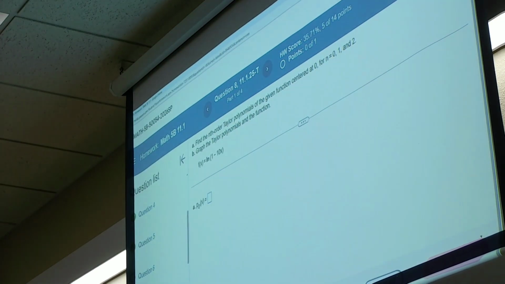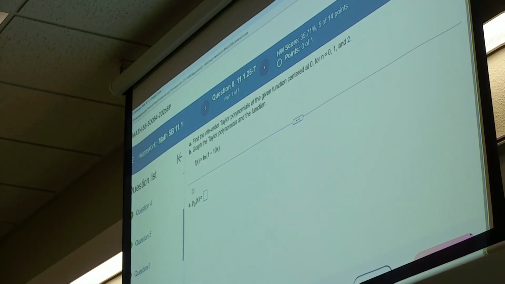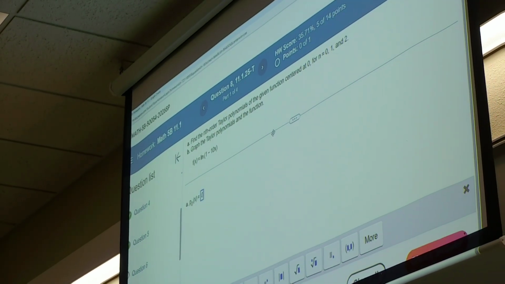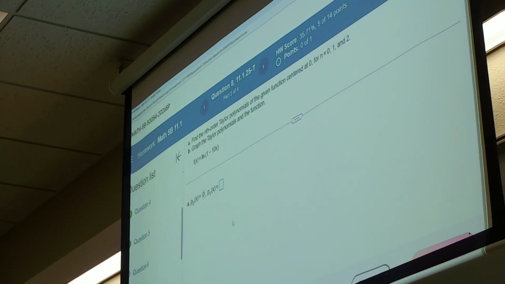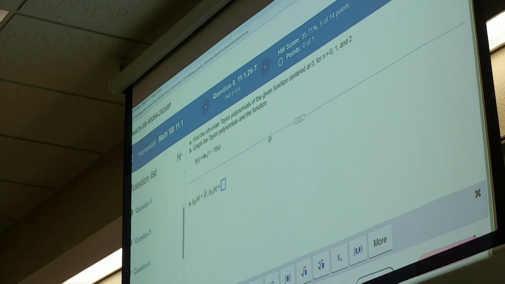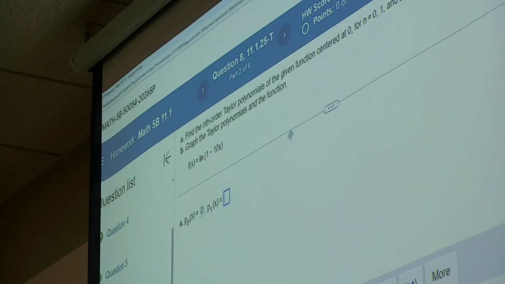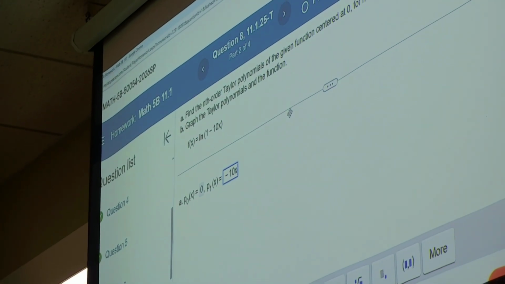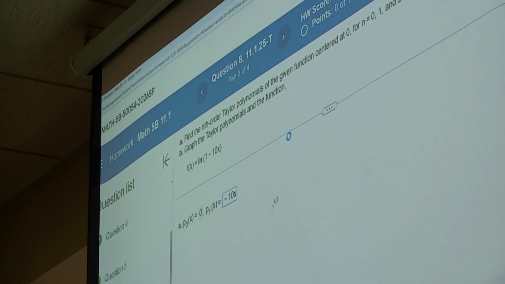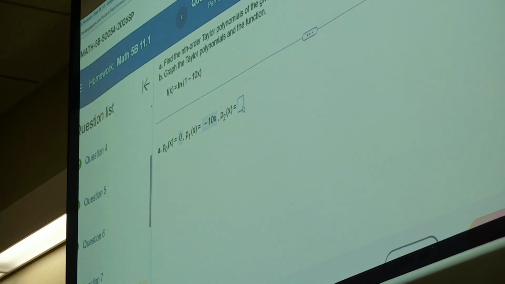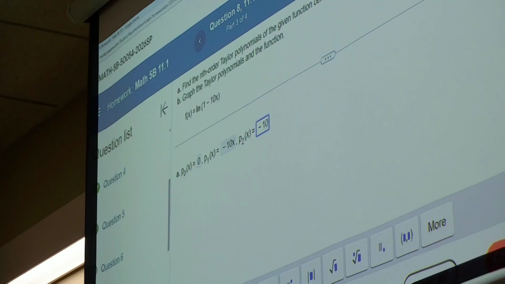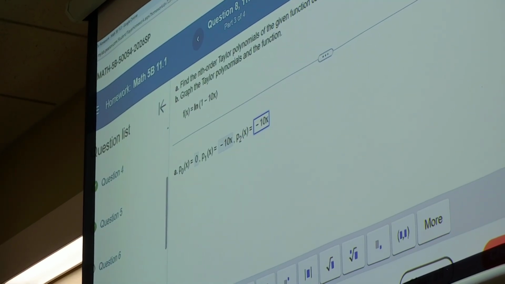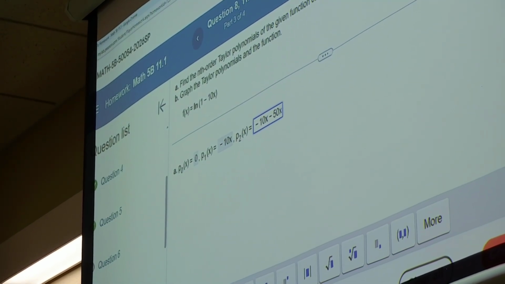We'll look at this one in decimals, see what it does. So P0 of x for this problem was 0. P1 of x is negative 10x. I won't bother to copy and paste it, that's easy. And P2 is negative 10x minus 50x squared.